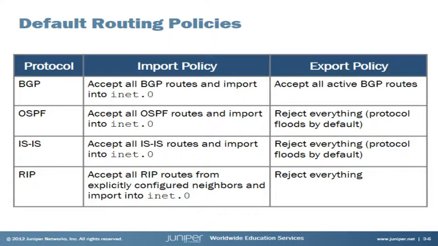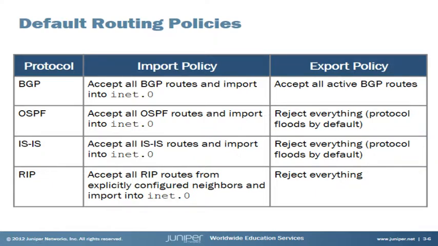With OSPF, we will accept all OSPF routes and import them into inet.0, but we're going to reject everything on export. So we're not going to advertise any OSPF routes by default, to anyone at all, ever. That's the default policy.